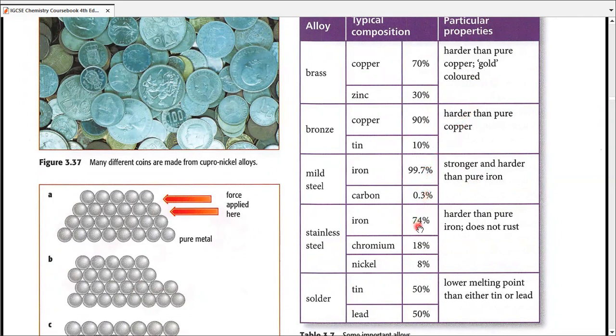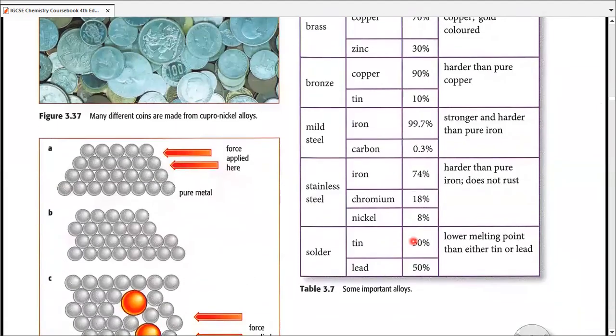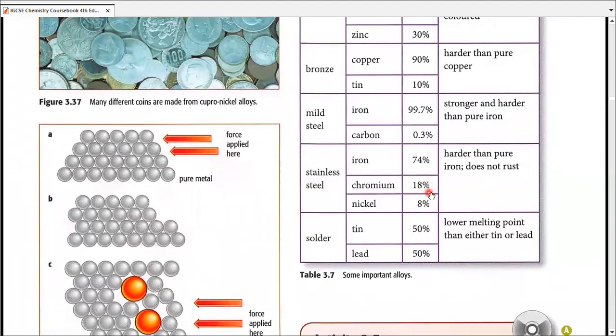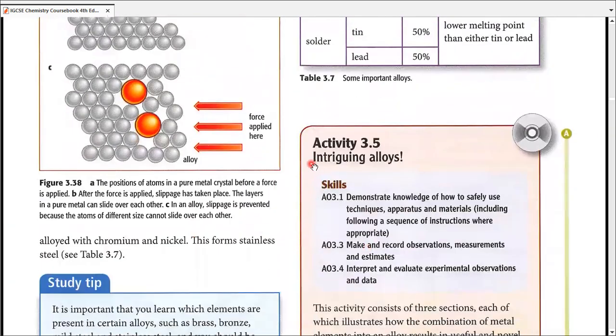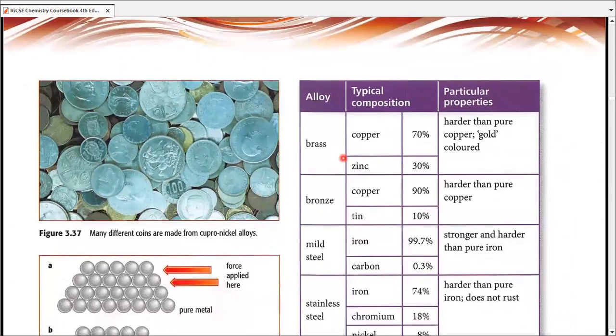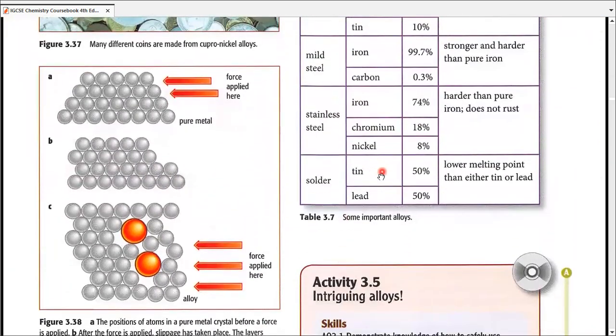Bronze is commonly used to make medals. Mild steel is used in the construction of many vehicles. Stainless steel is used in the construction of chemical plants, as well as to make cutlery. So the spoons and forks in your house are usually made of stainless steel. And then solder is used in soldering iron, where we use it for circuits.